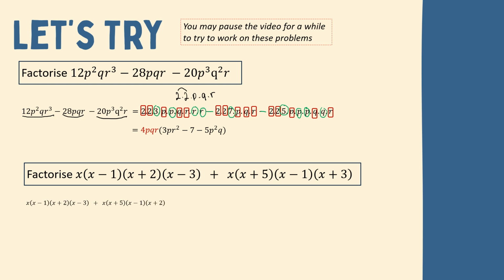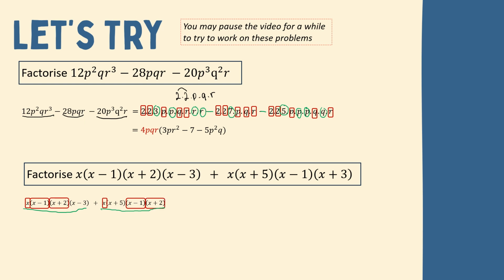For this problem, it's already decomposed, so you just find the common factors between them. There are two terms, first and then the second. What are the common factors that you can see? You can find x, and then x minus 1, and x plus 2.